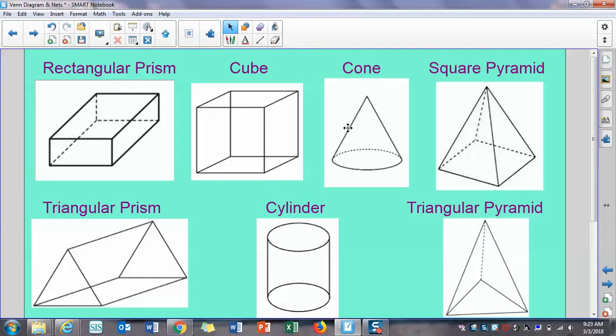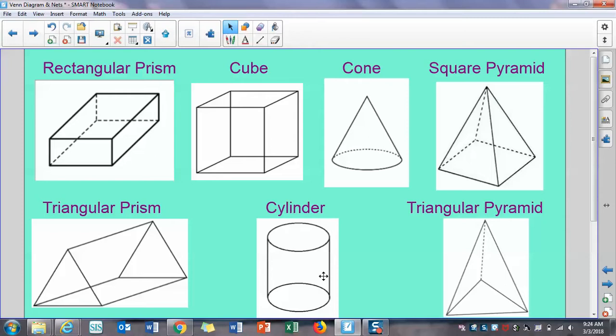We have a cone. You can think of that as an ice cream cone with a circular base. Now, a square pyramid, it's called a square pyramid because the base of the pyramid is a square. Now, if we look at triangular pyramid, the difference is that instead of a square, I have a triangle as the base.